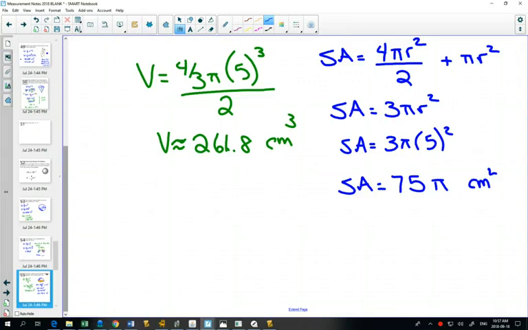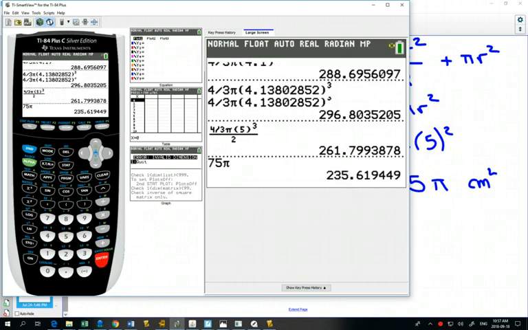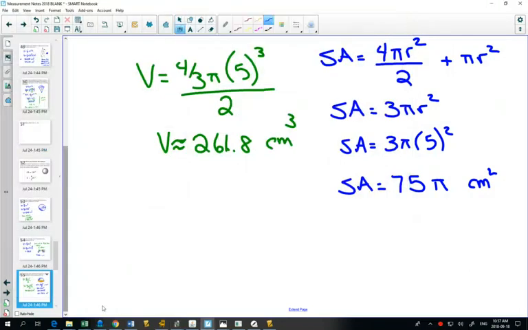Because this answer is exact. There's no rounding that's taken place yet. As soon as I go to my calculator and say 75 times pi is equal to 235.6, now I've had to round.